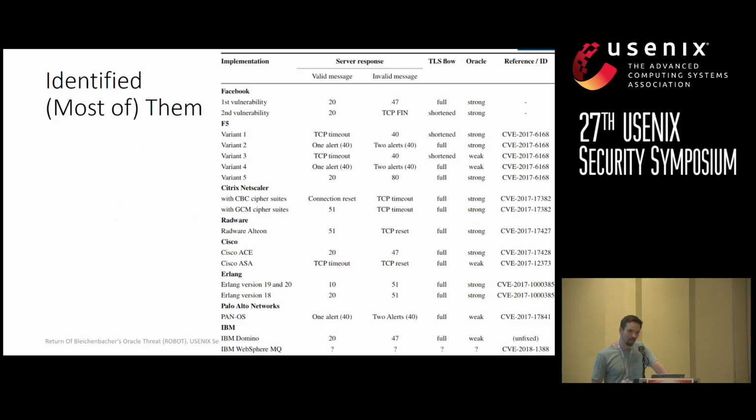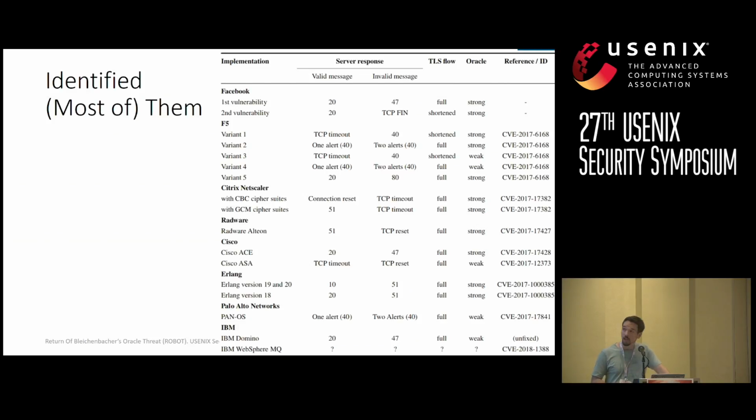But in the end, mainly with the help of Hanno and Craig, who have good connections to the developers and to different people behind the servers, we were able to find out who is behind the different implementations. And we found many different applications which were vulnerable in different ways.